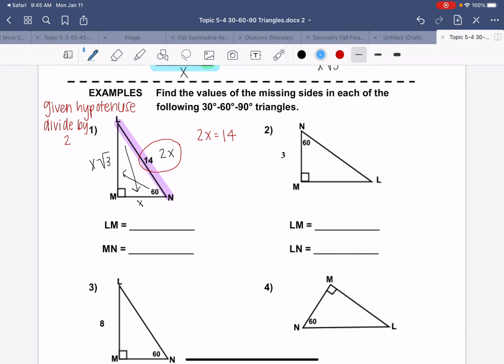We're going to solve for x here, so we divide by 2. So x equals 7. To find the other side lengths, MN is just the value of x, so that means it's 7. And LM is x times the square root of 3, so it's just 7 times the square root of 3.